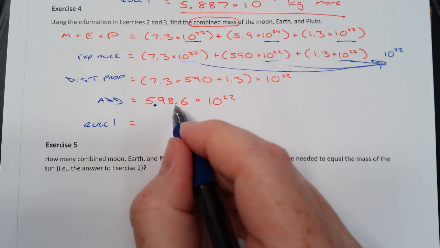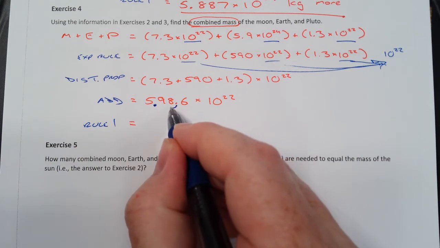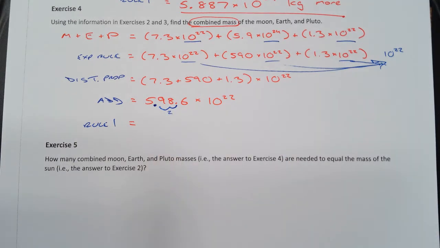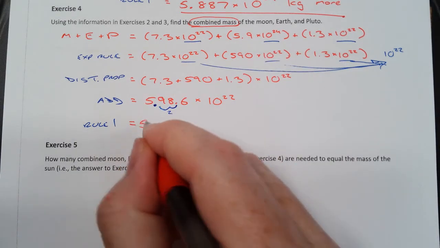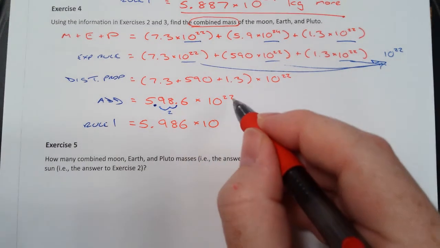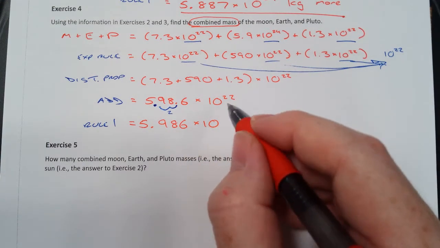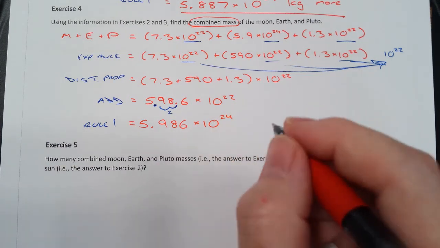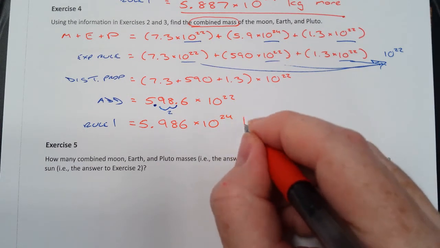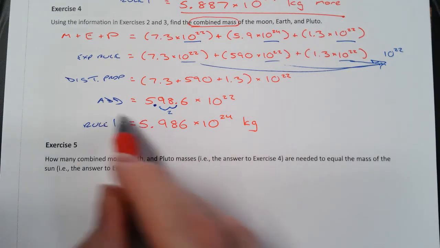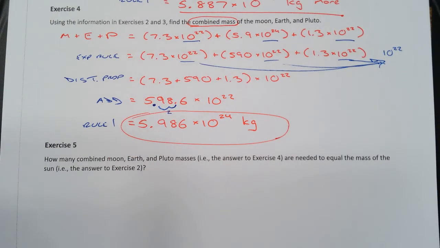So to match rule 1, this decimal here needs to move 2 more spaces. So we move 2 more spaces. So now we have 5.986 times 10, not to the 22nd anymore because we moved 2 more spaces. Now it's 10 to the 24th. So the combined mass of the moon, Earth, and Pluto is 5.987 times 10 to the 24th kilograms. Combined mass of all three.